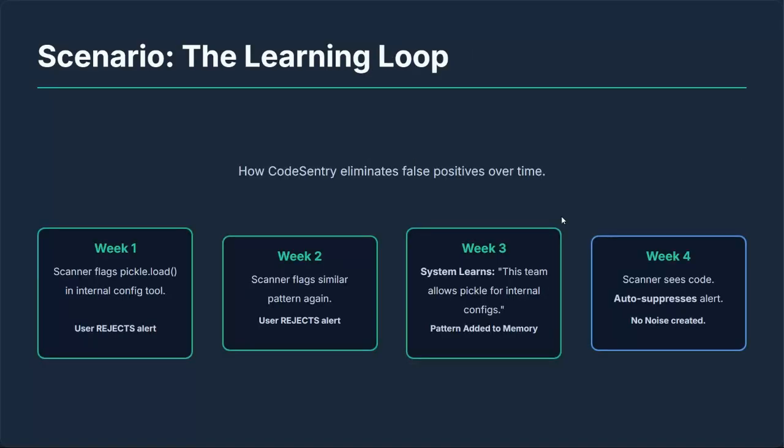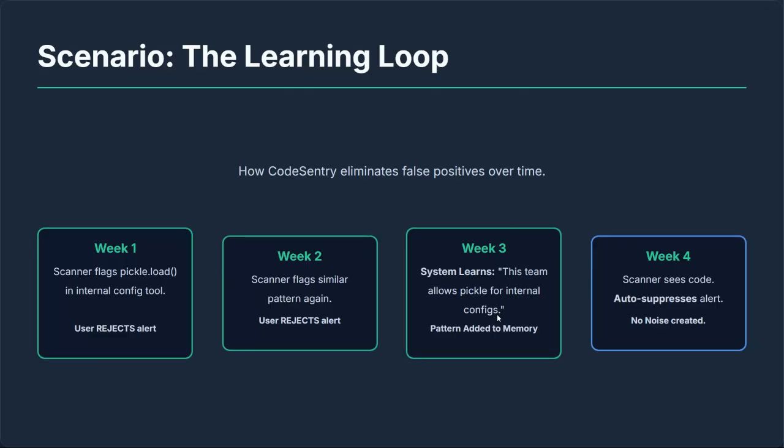Here we are showing the scenario of the learning loop, and how we are going to eliminate false positives over time. In week one, let's say CodeSentry picked up a pickle.load issue, but it is in an internal config tool only, and the user rejects that alert. In week two, it picks up a similar issue again, and again the user rejects it, saying it is for an internal tool only.